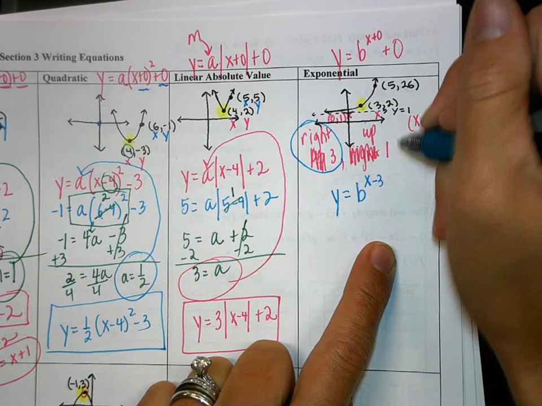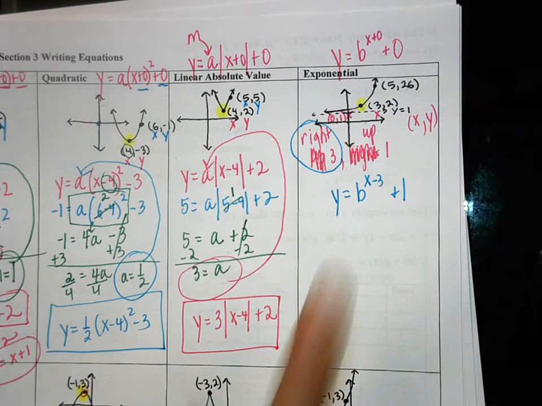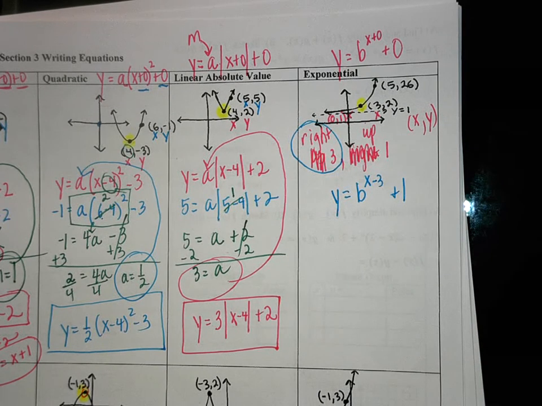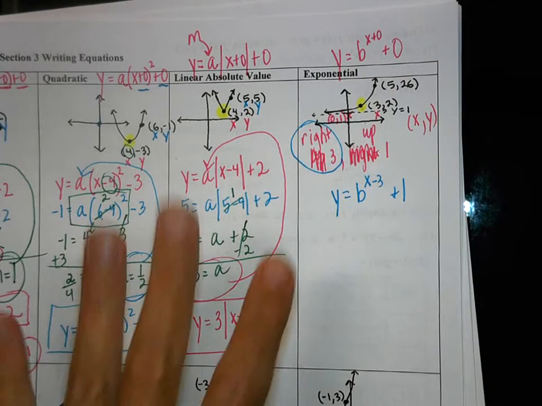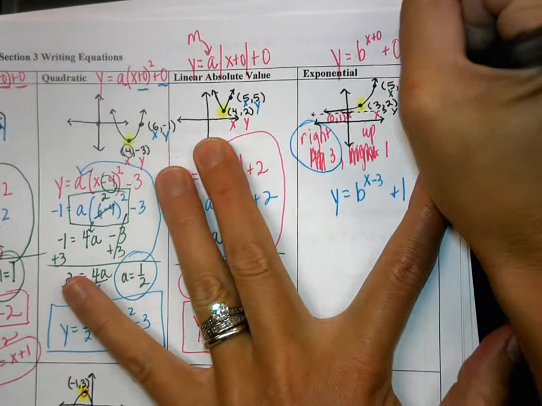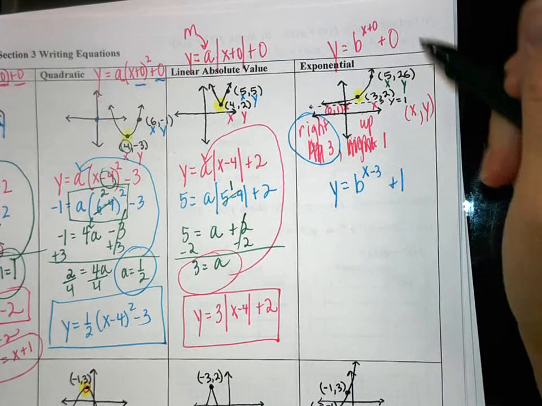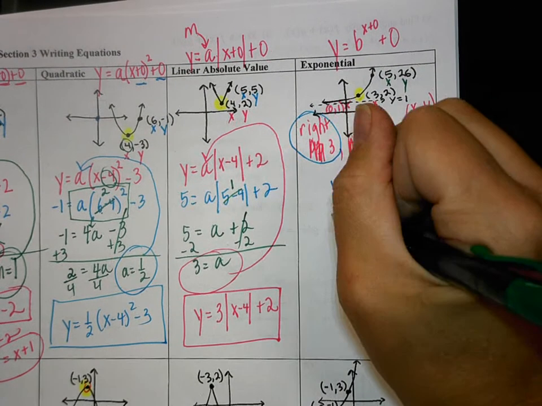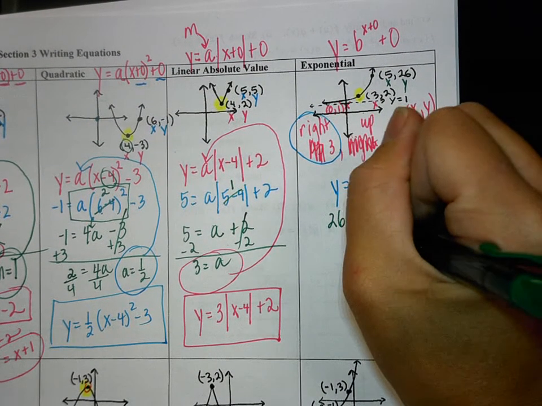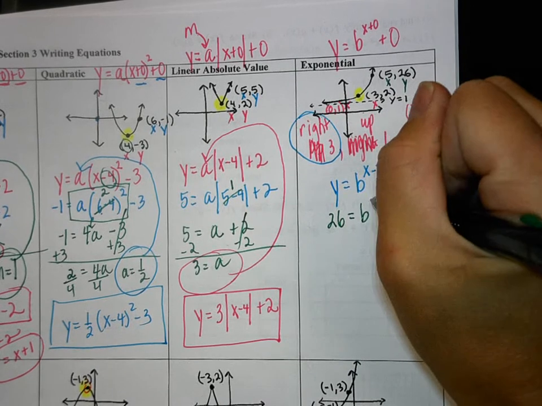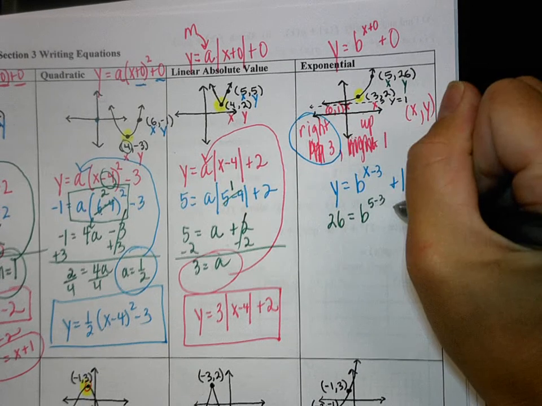Good job. What do you think I'm going to do now? Very good. We're going to plug in 5 and 26. And so we end up with 26 equals B to the 5 minus 3 plus 1.